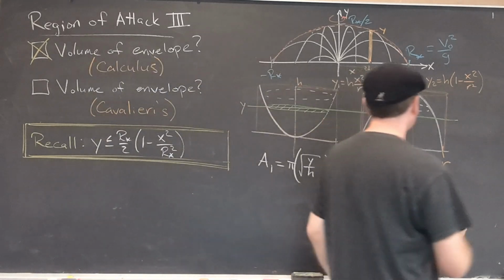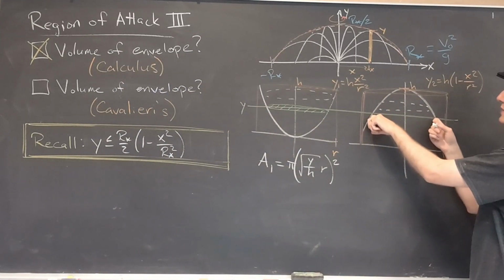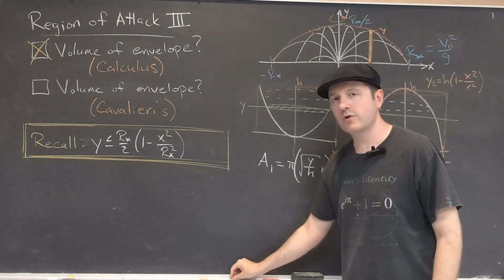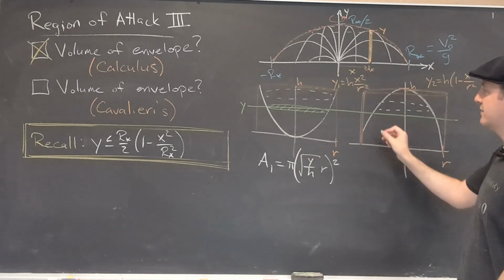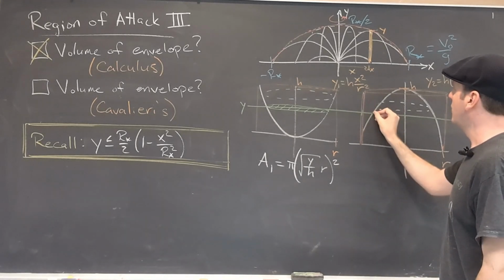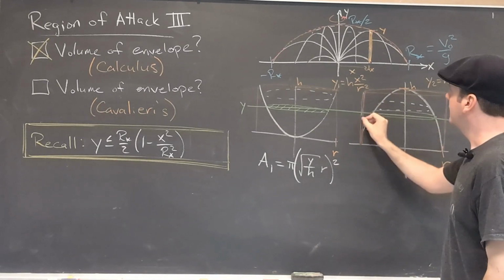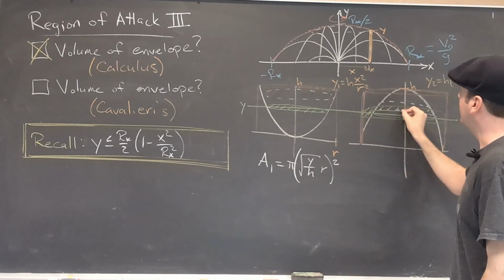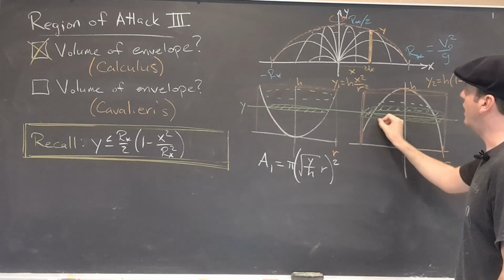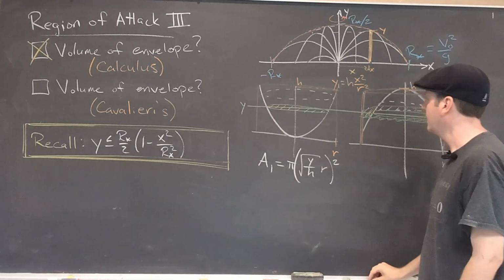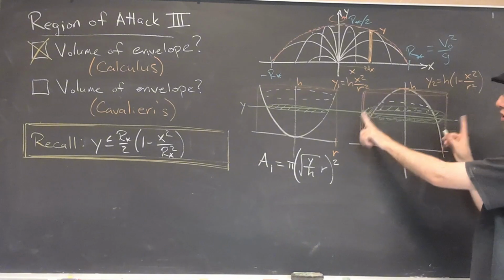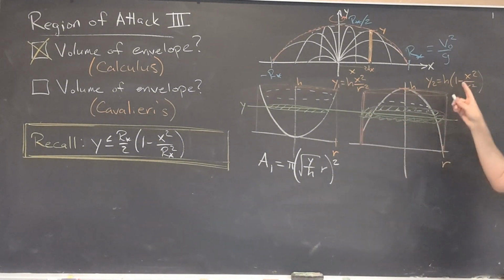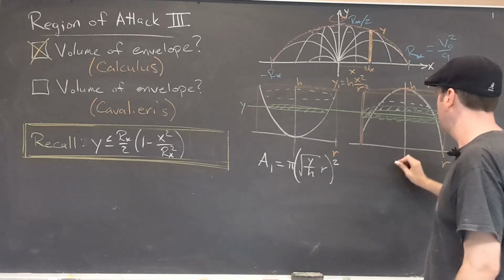For the other shape, I'm actually not going to look at the area inside of the paraboloid. I'm going to do something a little tricky. I'm going to look at the area outside of this paraboloid. So what we'll have is an annulus, or a washer, whose outer radius is r, always, and whose inner radius is now the x that we get from solving this equation.